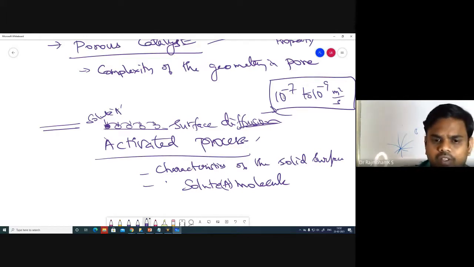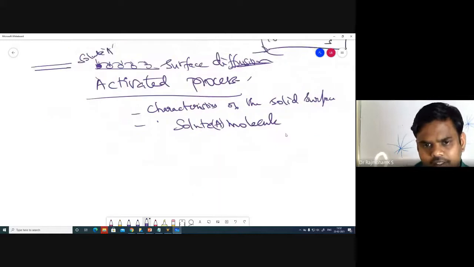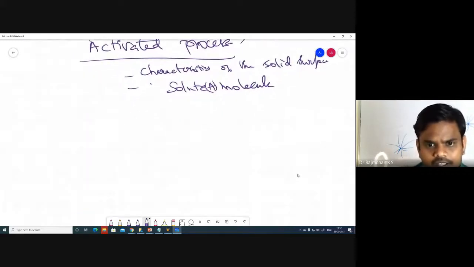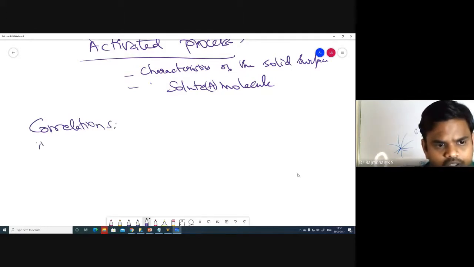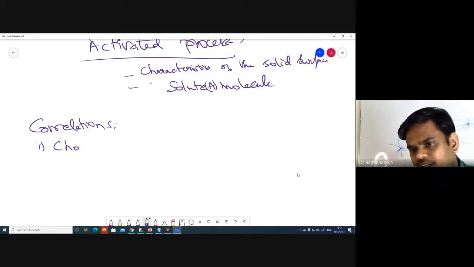So this is the case study for the solid catalyst, and we have seen already how gas diffusivities are predicted using correlations. We are going to see two correlations now. First we'll see the Chopin correlation. We have already seen for gases the Gilliland equation and the Fuller et al. equation.